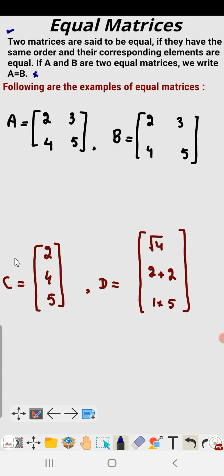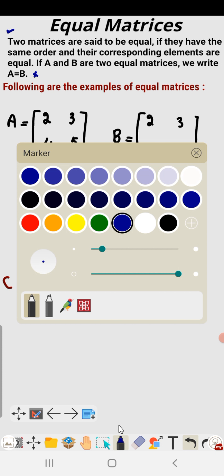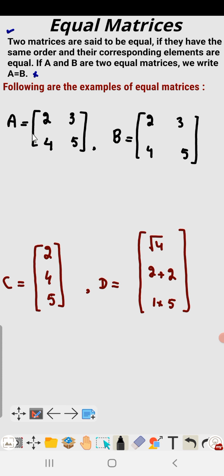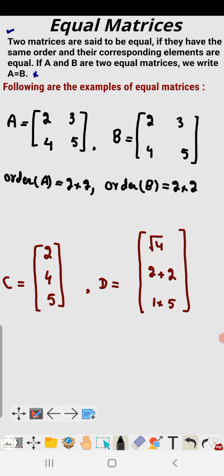Now consider matrices A and B. We see that the order of A is 2 by 2, and the order of B is also 2 by 2. Their order is the same.